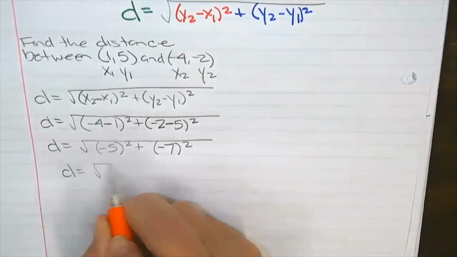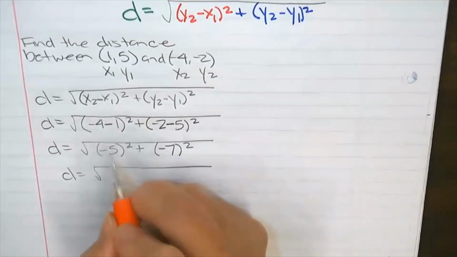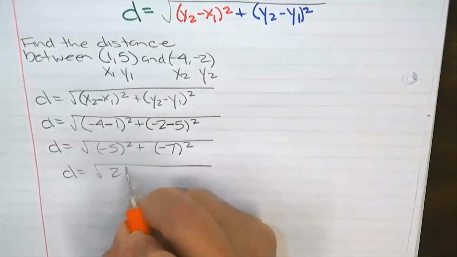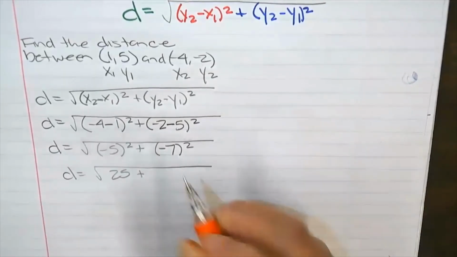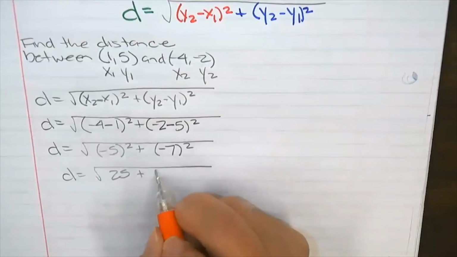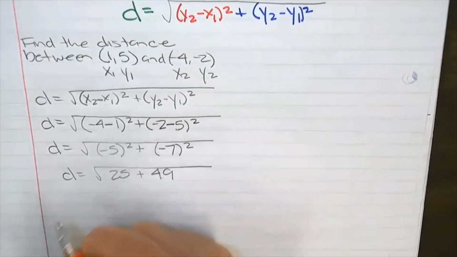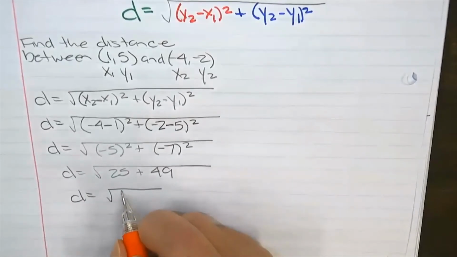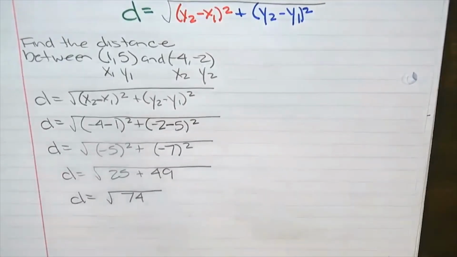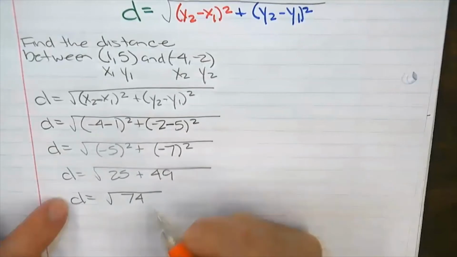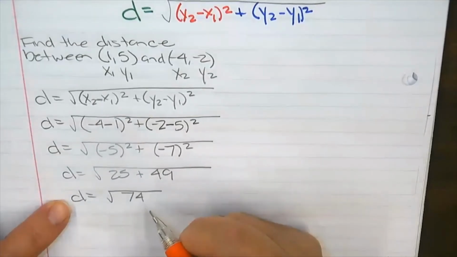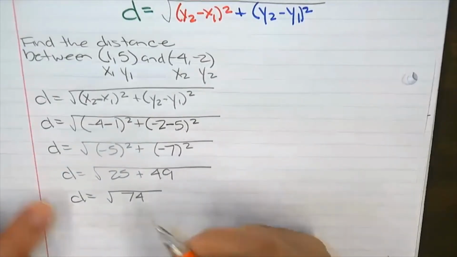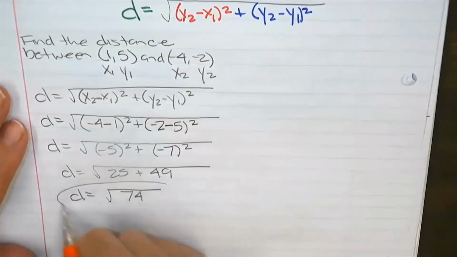Okay. -5 times -5 is 25. And -7 times -7 is 49. So our distance is equal to the square root of 74. And because 74 is not a perfect square, we can leave our answer like this.